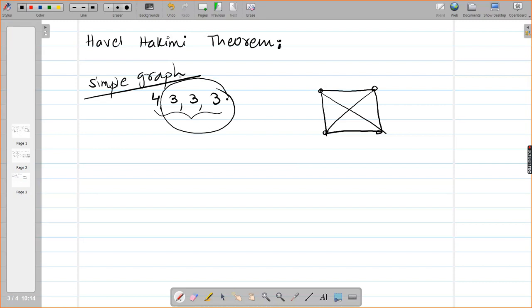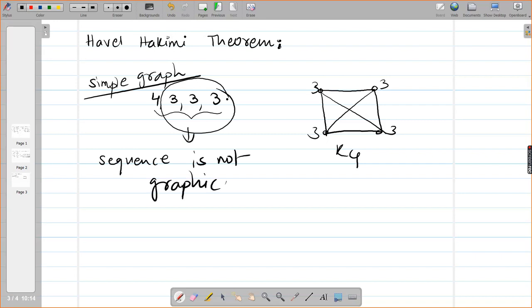In this complete graph also, the degree of each vertex is 3 and there are 4 vertices of degree 3. Clear what I want to say? So this sequence is not graphical.